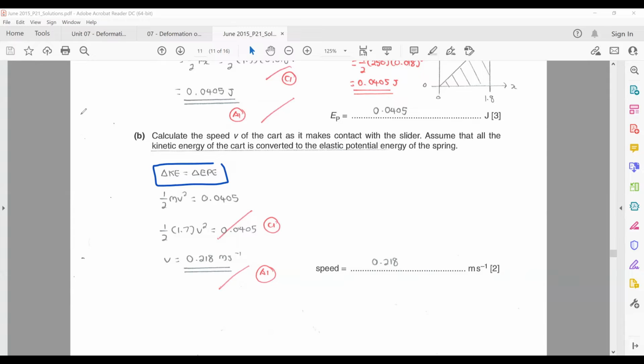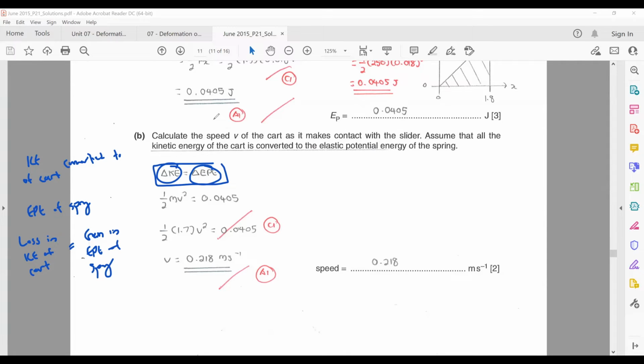So the KE of the cart was converted to EPE of the spring. So whatever KE is lost is equal to the gain in EPE. So loss in KE of cart is equal to the gain in EPE of spring.